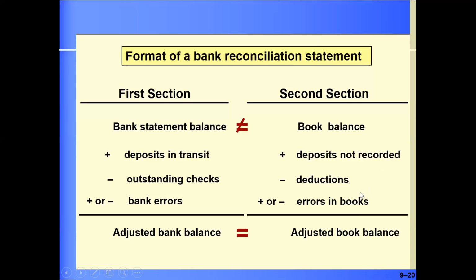So you need to make journal entries for these things on the book balance side, because these things happened to your cash balance, since the bank knew about them, but you didn't have them in your books yet. So you have to journalize these transactions into the general journal, then post them to your general ledger. And then you're done with this process.